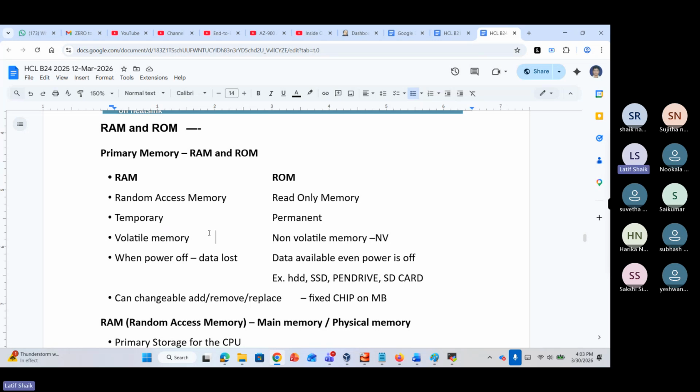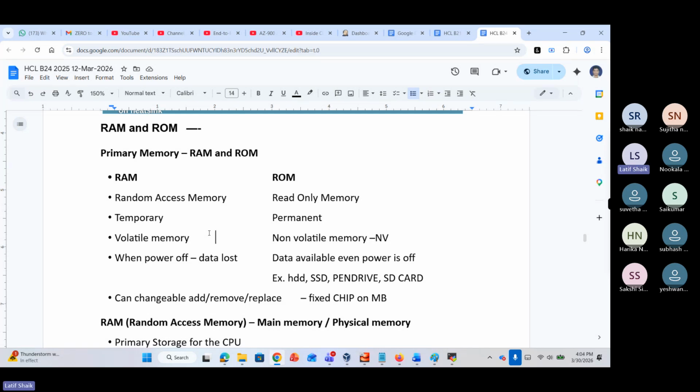Like when your system is shut down, the data in the RAM will be completely lost. Once the device is powered off, the data in a volatile memory device is lost.